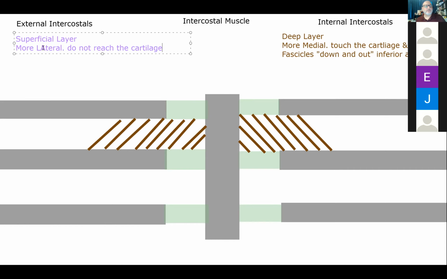And their fascicles project down and in, meaning that they project inferior and medial. So they are going to start more lateral, and they're going to project down and in.